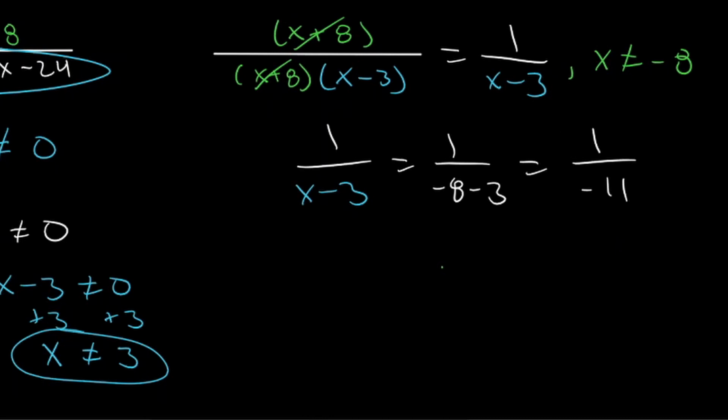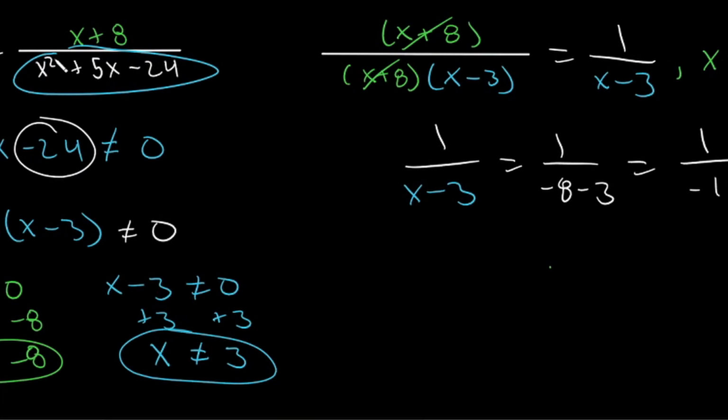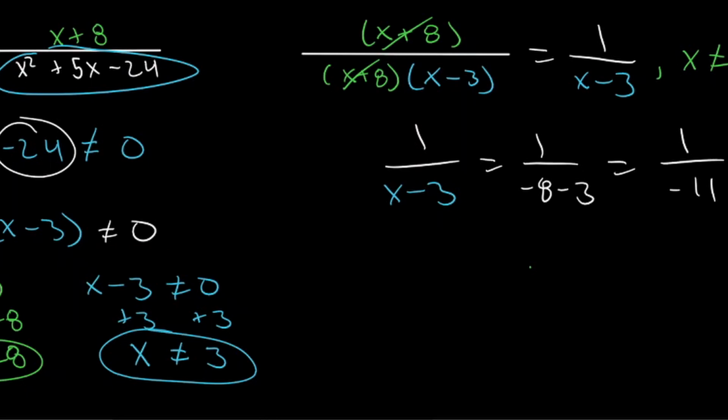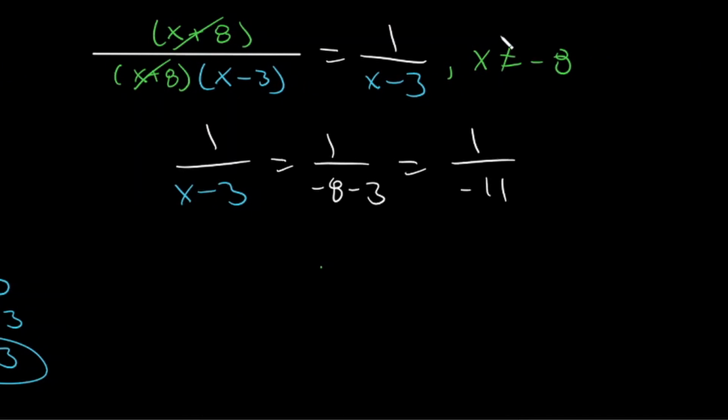But we were not given 1 over x minus 3. We were given x plus 8 over x squared plus 5x minus 24. And this function is not defined at negative 8. So no matter how much simplifying or algebraic manipulation we do, we still have to include this domain restriction. x cannot equal negative 8.